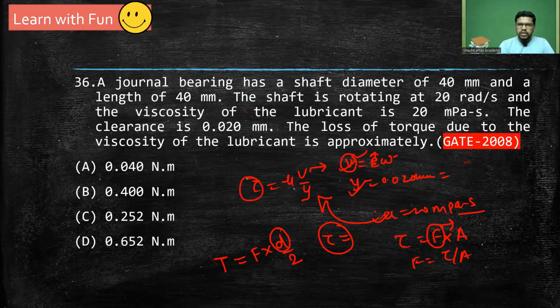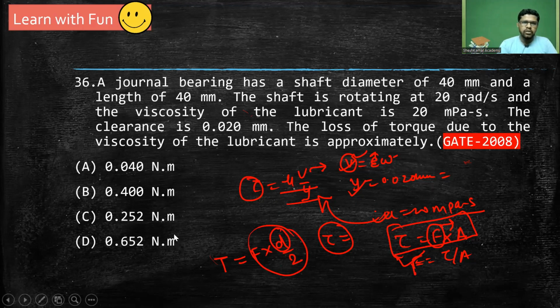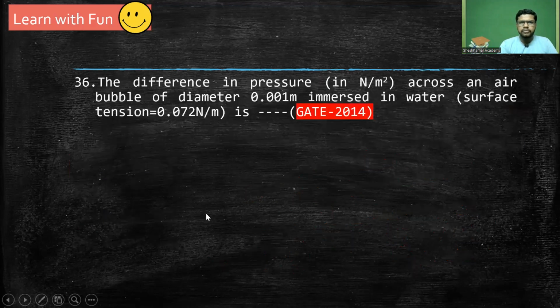First we find the force by using this relation, and once you know the force, the torque is nothing but F into D by 2. So all the parameters you know now, and you will get the value of torque as 0.040 Newton meter.